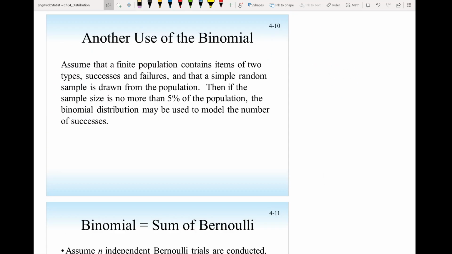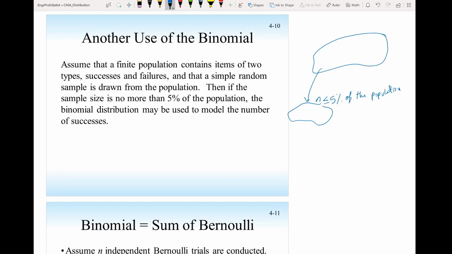Another use of binomial distribution is you have a population, and this population contains items either working or not working, or items of two types, male, female. And we are taking a sample such that the size of the sample here, n, is equal or less than 5% of the population. Why is this important?